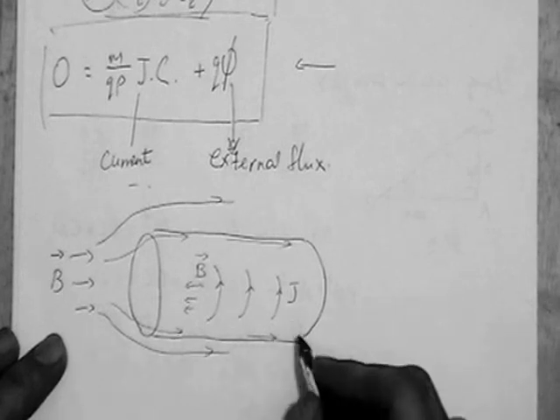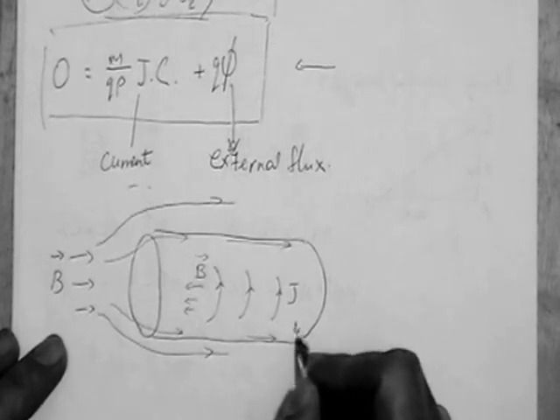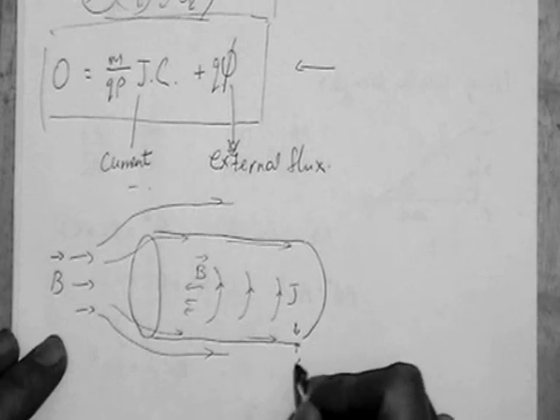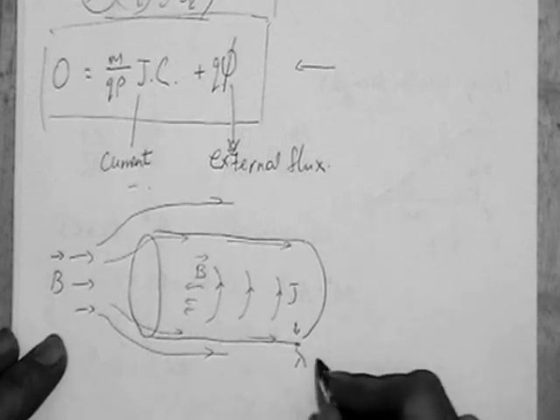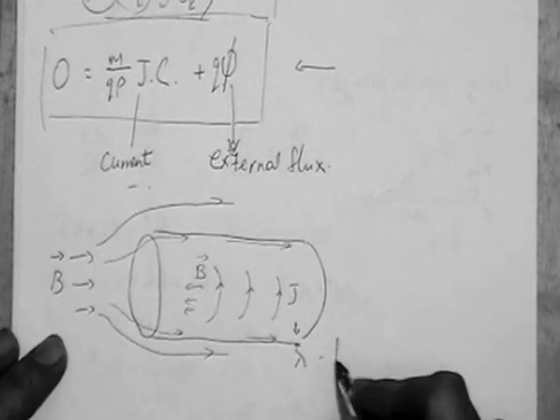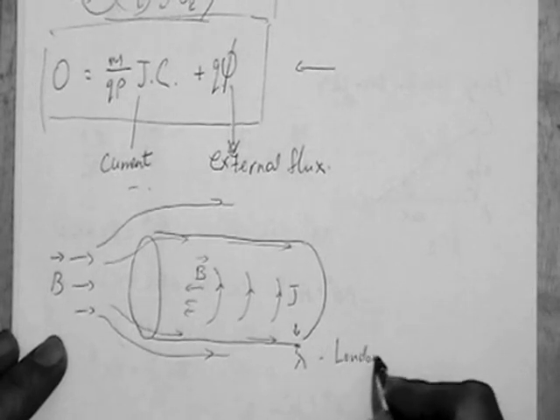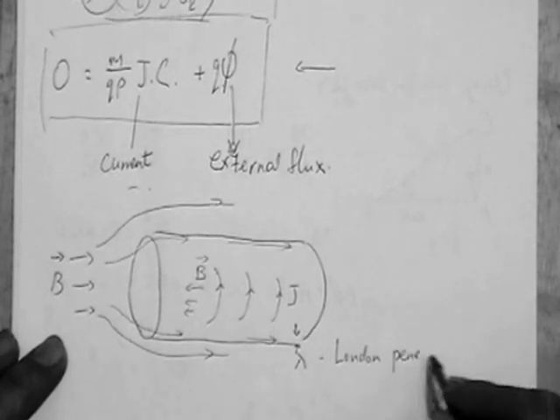Now this idea of the magnetic flux penetrating a little bit into the surface, say by a certain amount lambda, is called the London penetration depth.